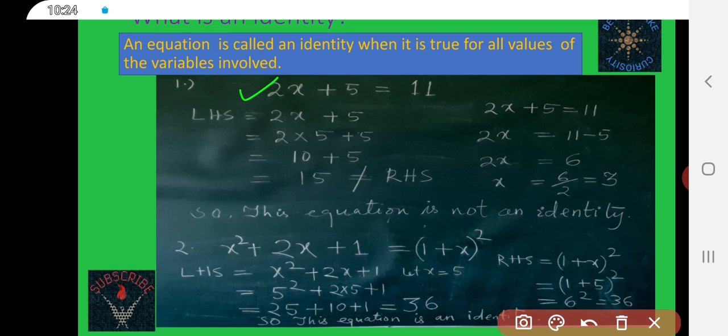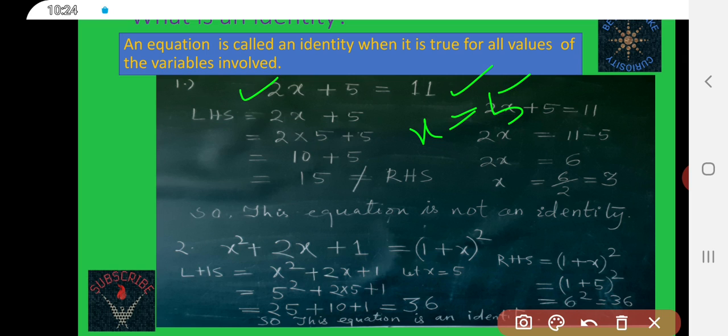2x plus 5 is equal to 11. Now, we are going to check whether this equation is an identity or not. Any value you take for x, which is the variable here. Suppose we take 5.